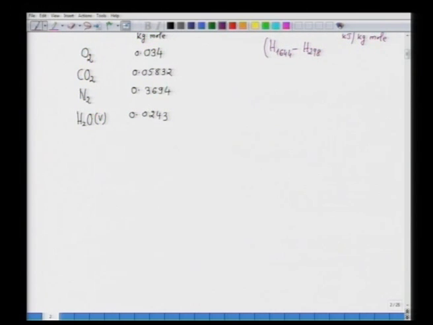So, this value for CO2 is 70,417.2 kilojoule per kg mole.